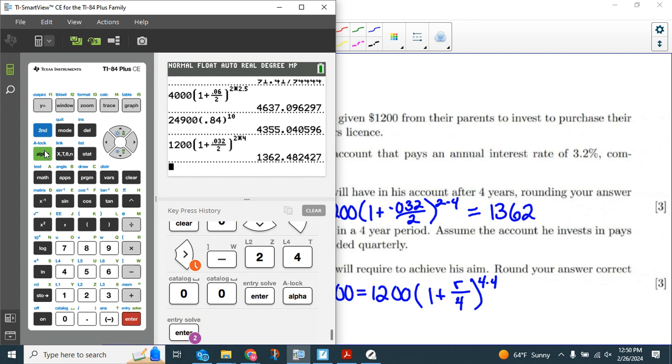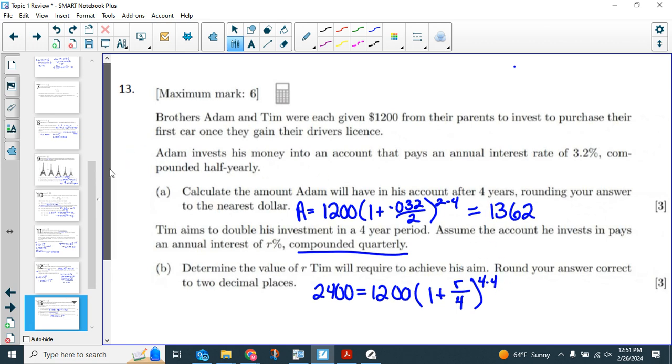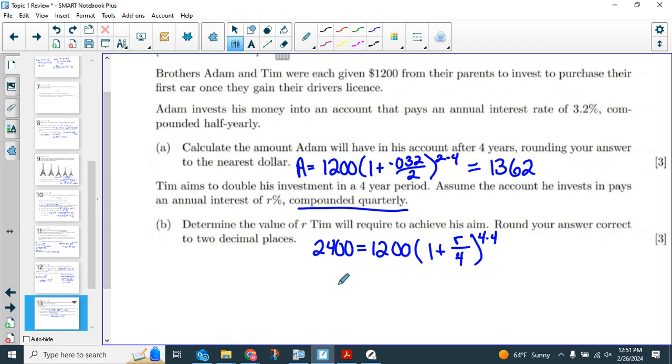Okay, cool. Yes, sir. Why is it to the 4 times 4 power? Because here it says that it's compounded quarterly. So that's the N or K, depending on which formula you're using, the number of times. And then it says after 4 years, after a 4-year period. I would just keep solving it until I had to. If you divide by 1,200 here, you're going to get 2 is equal to 1 plus R over 4 to the 16th power, right?